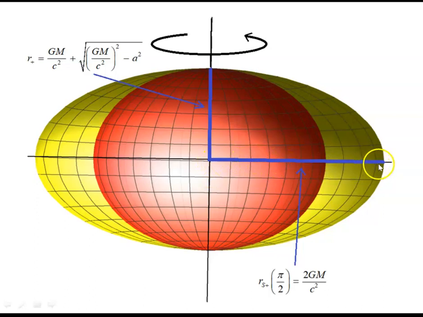So we saw the equation for the stationary limit surface had the cos term in it, and when you put pi on 2 there, 90 degrees, you end up with this value here. So this semi-major axis is given by this value, and the semi-minor axis is given by this value. This semi-minor axis coincides with the semi-minor axis of the outer event horizon.